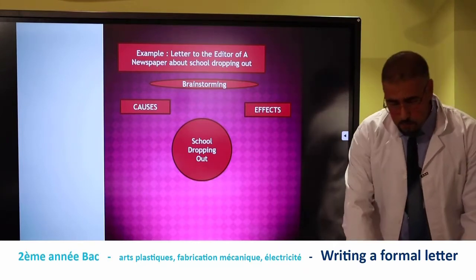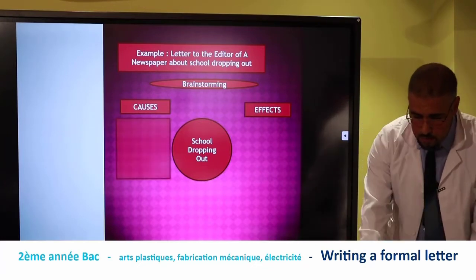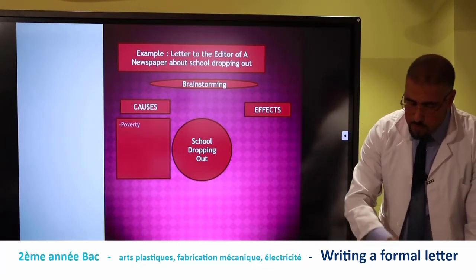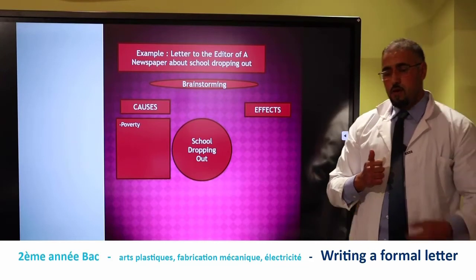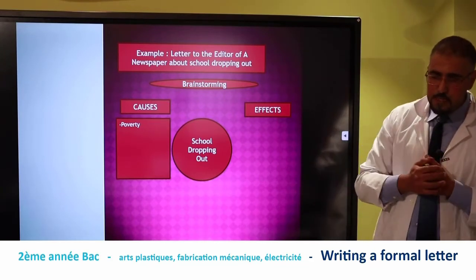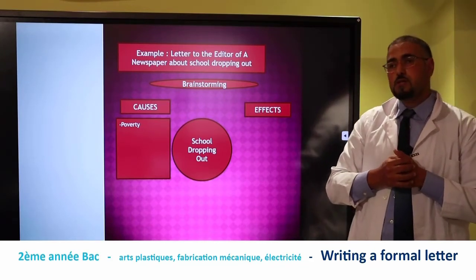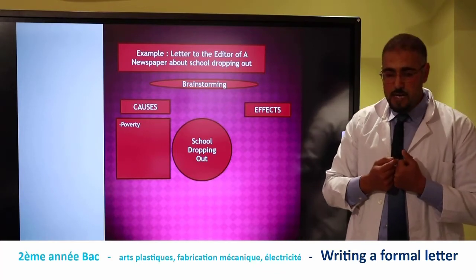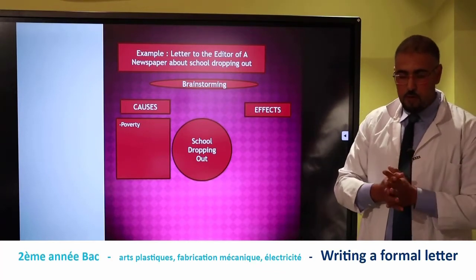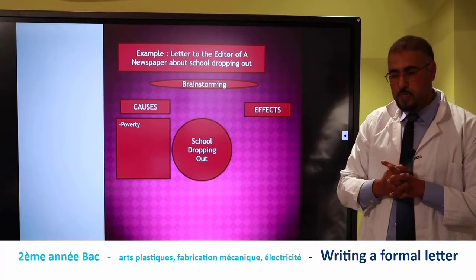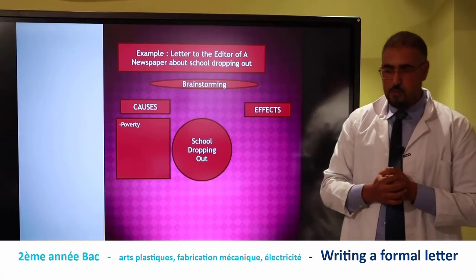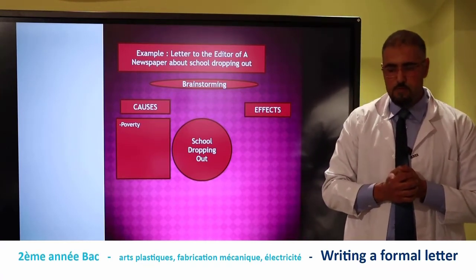Now, for causes, we have poverty. Many students cannot finish their schooling. Why? Because they don't have enough money to cater for schooling, especially if the family has lots of members.